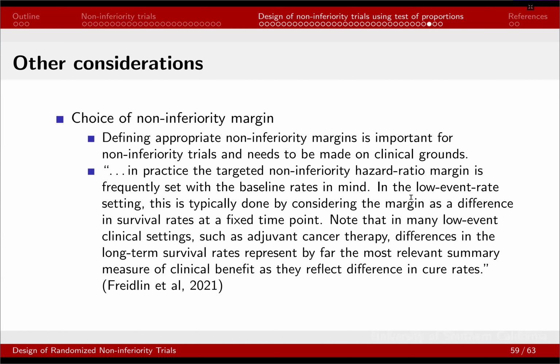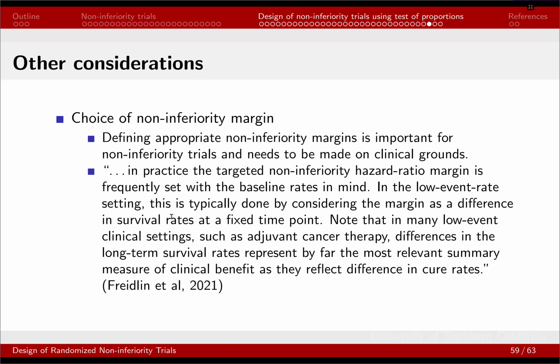Regarding the choice of non-inferiority margin, defining appropriate non-inferiority margins is important for non-inferiority trials. Bertling et al. 2021 commented that in practice, the targeted non-inferiority hazard ratio margin is frequently set with the baseline rates in mind.